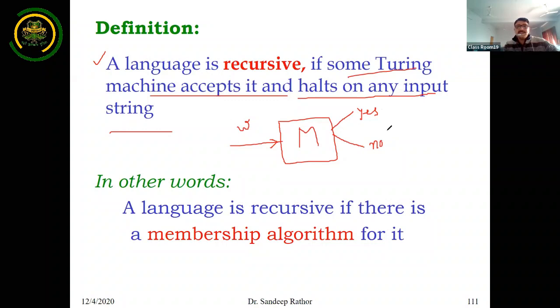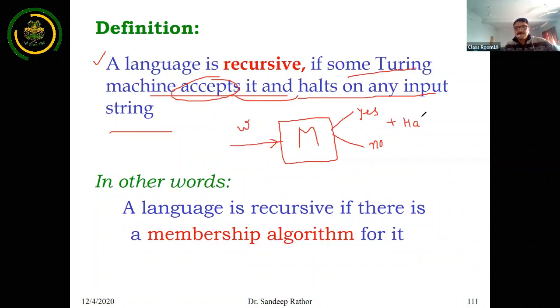The meaning of accept and halt is simply that after executing this particular string W, your machine will give the answer in the form of yes or no. Clearly your machine will produce the answer that this particular string is accepted or not accepted, and after that your machine will reach the halt state.